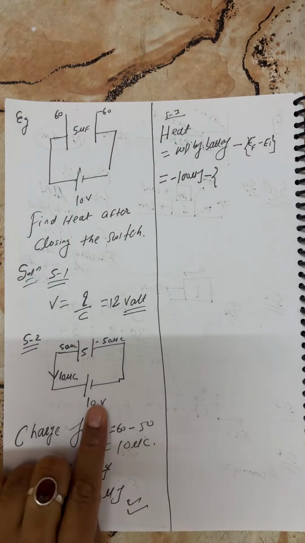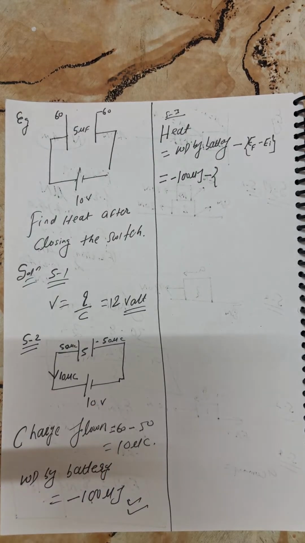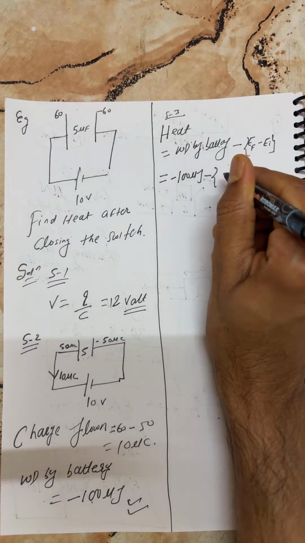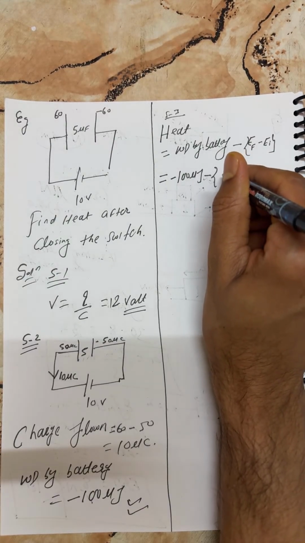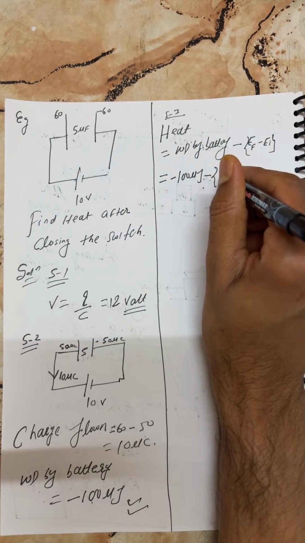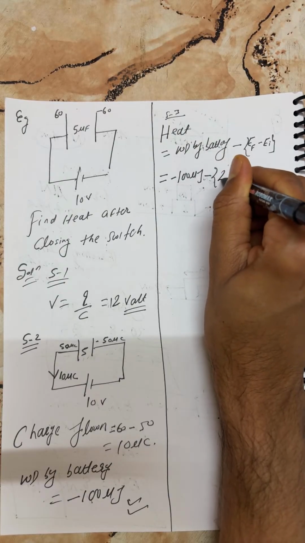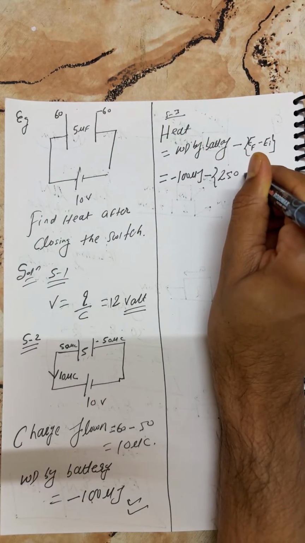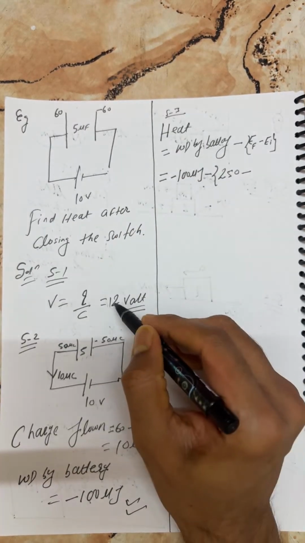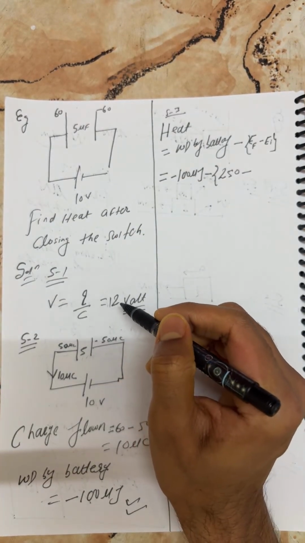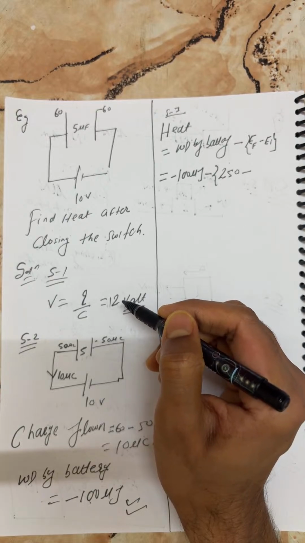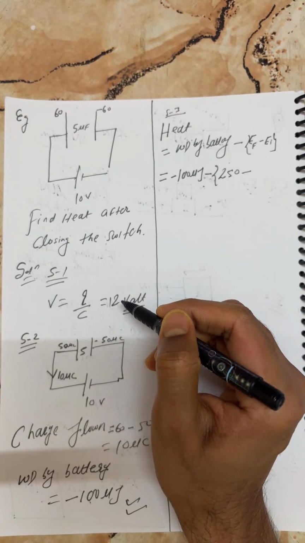Energy final, in this condition, is half CV squared. Half into 5 into 100, this is 250 microjoule. 250 minus half CV squared. Half CV squared, 72 into 5, how much is coming?